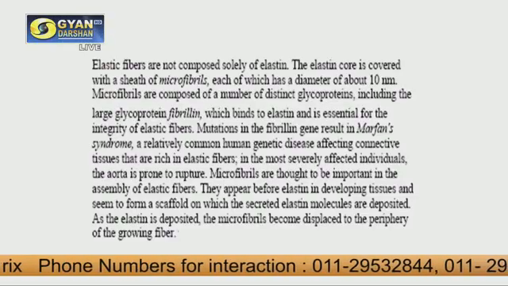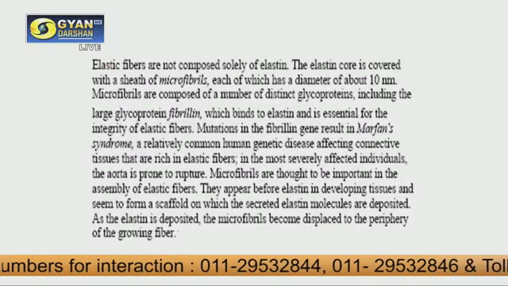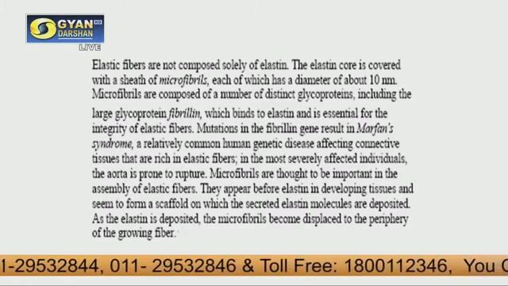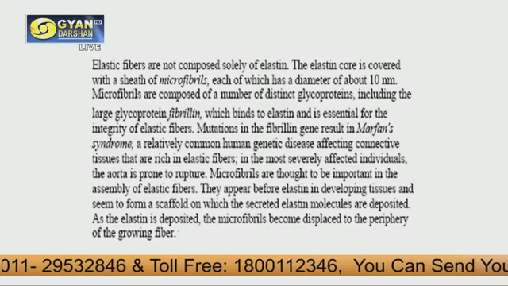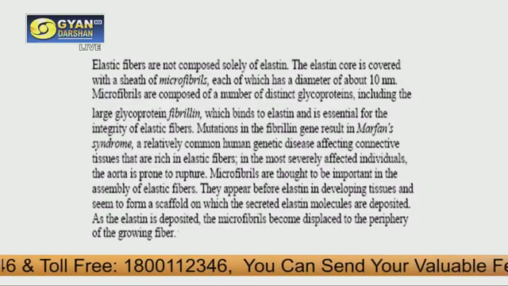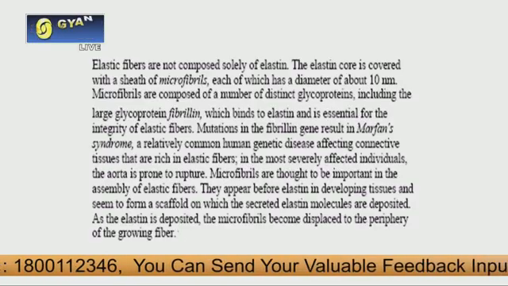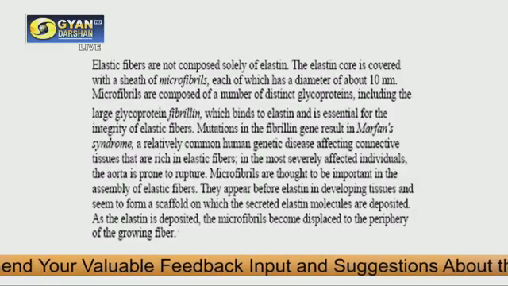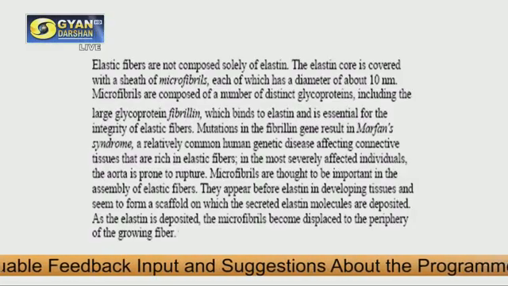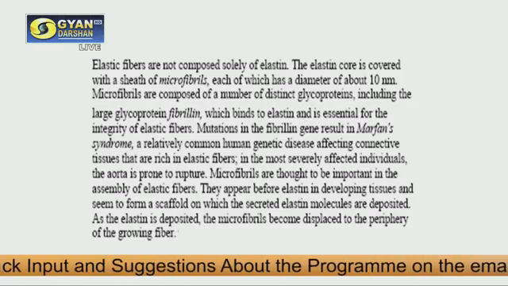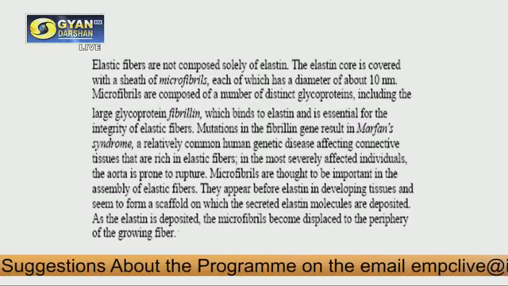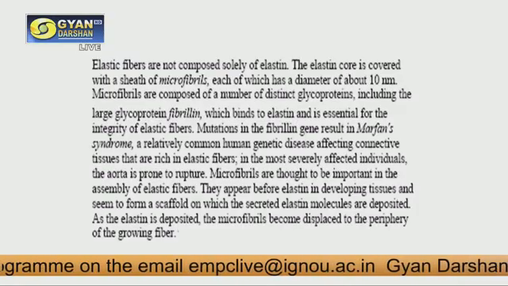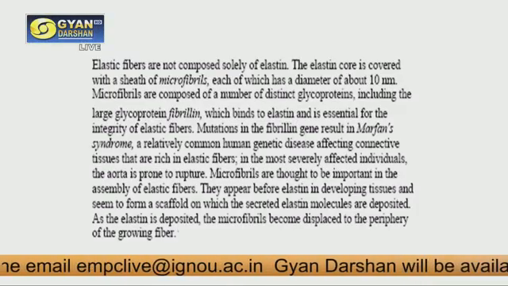The microfibrils are composed of a number of glycoproteins, one such being a large glycoprotein called fibrillin, which binds to elastin. Note that fibrillin is a different protein. Elastin is an extracellular matrix protein, whereas fibrillin is something different. It is not a component of the ECM, it's a glycoprotein.